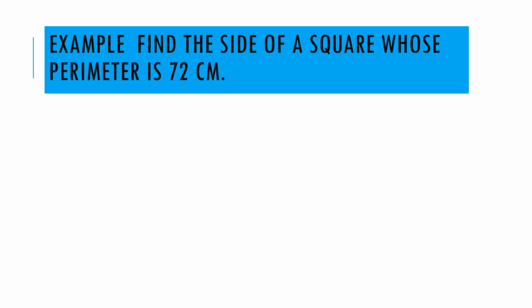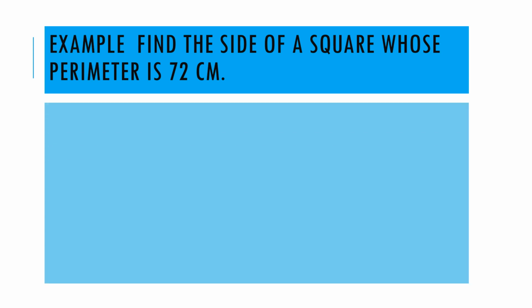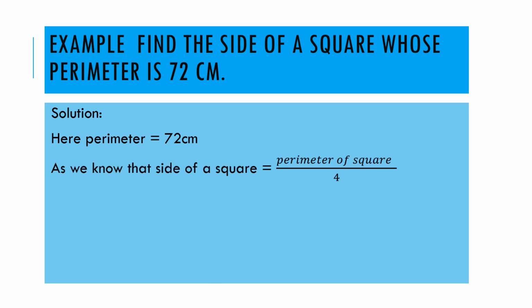For example, find the side of a square whose perimeter is 72 centimeters. Solution: perimeter is equal to 72 centimeters, and we know that the formula is side of a square is perimeter of a square divided by 4.